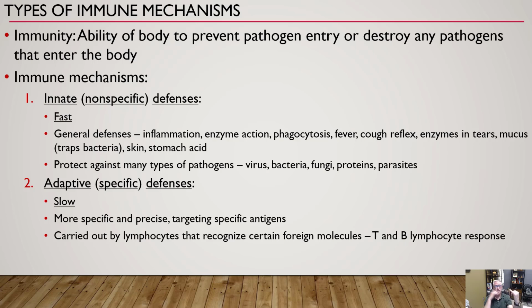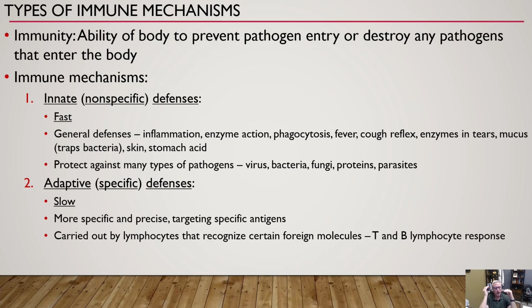You get a splinter in your hand, you're going to get inflamed. You're going to have the phagocytosis, you're going to get pus. Your body's going to trap that bacteria. The mucus is going to form, and phagocytes are going to come in and eat away at that cellular debris. You're going to pull the splinter and your phagocytes are going to come in and eat up that gunk, and hopefully you're done.